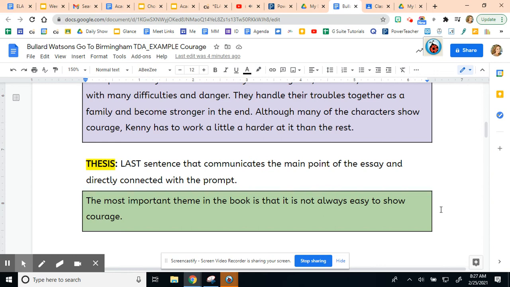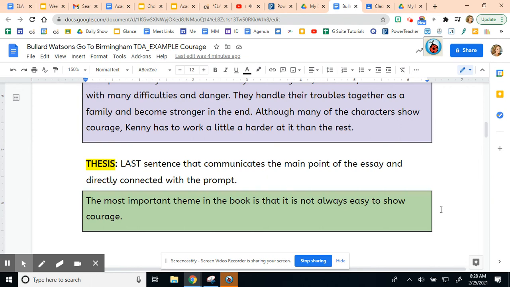All you have to say is the most important theme in the book is that, and then you put whatever your theme is. For me, I said it's not always easy to show courage, but that's not one of your choices, okay? Remember, the choices are the ones on the whiteboard. So you pick the one that you want to write about and write your thesis sentence just like mine, but with the theme that you're going to focus on. I'm going to pause the video so you can do that now.